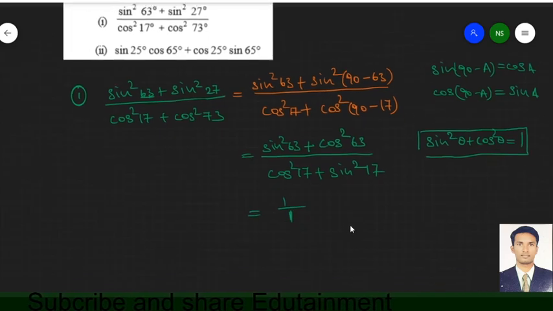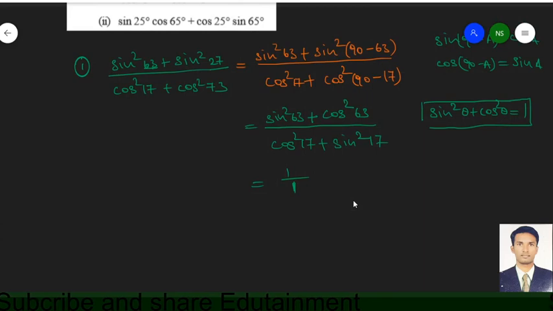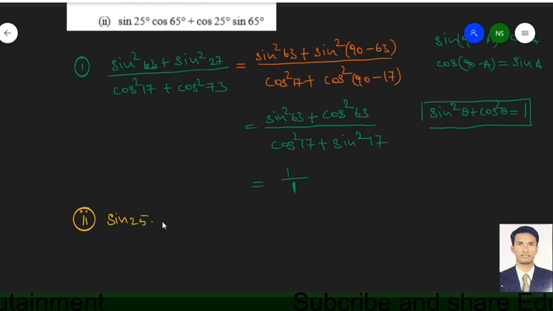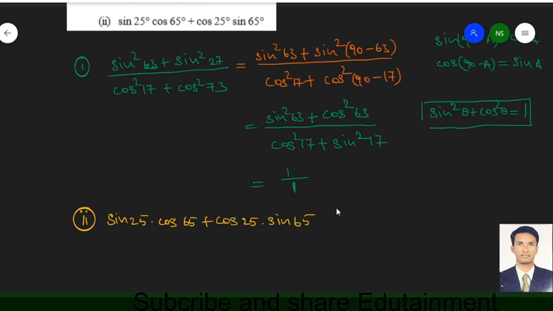Let's move to the second question in this. Let us copy the question. The question is sine 25 into cos 65 plus cos 25 into sine 65.